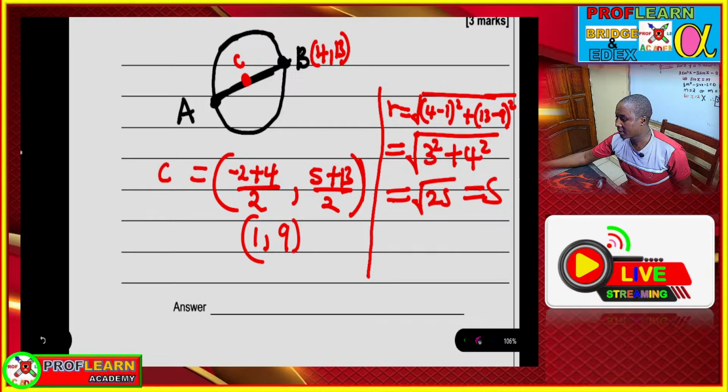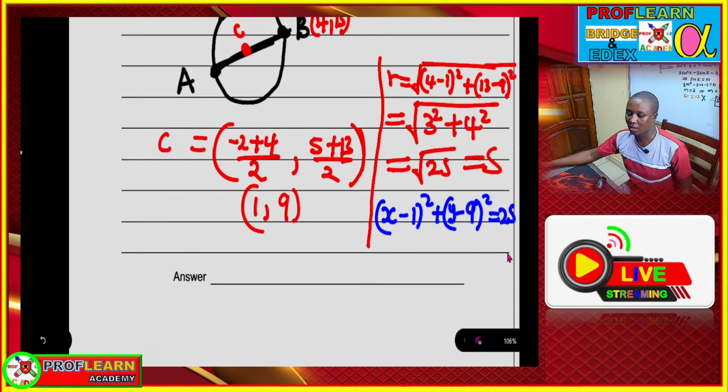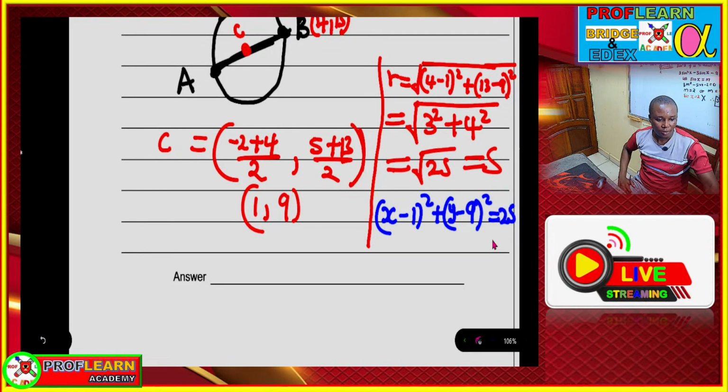So which means that the equation of a circle is going to be x minus the center 1, squared, plus y minus 9, squared, is equals to r squared, radius squared, and in that case it is going to be 25. And that is what our answer is going to reduce to.